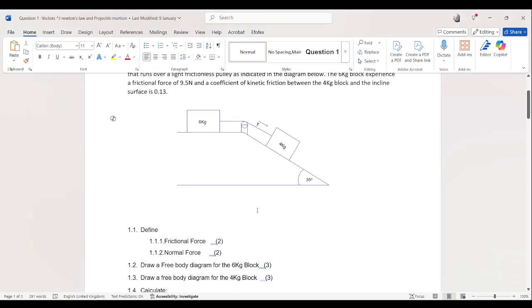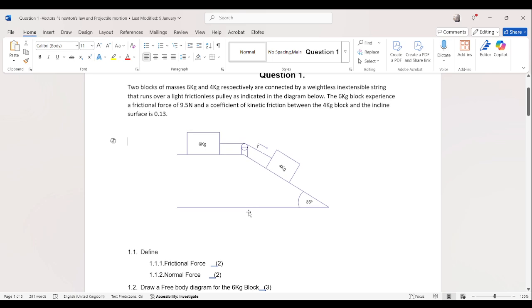Action and reaction has to do with if object A poses a force on B, B will pose the same but opposite force on A. So speaking of Newton's second law, F equals ma, force net equals mass times acceleration.